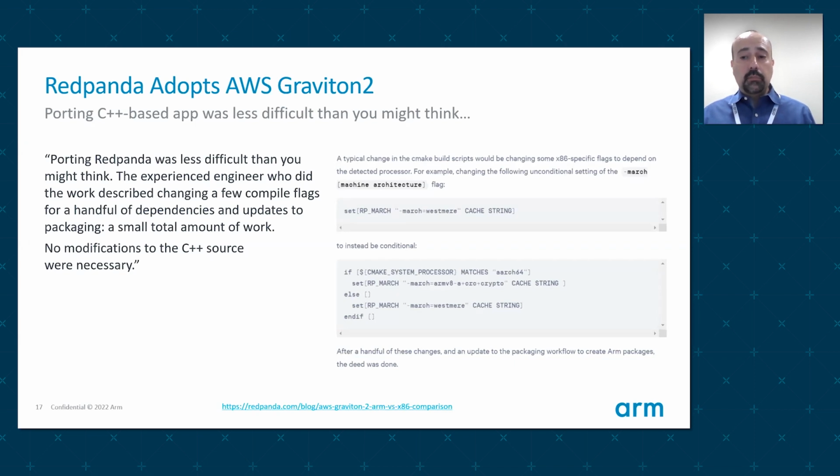But they also talked about how easy it was in terms of the experience of porting their code base, which are predominantly C++ based applications, over to Arm. There's often a perception that compiled code is difficult to port. And at least for Redpanda, that definitely wasn't the case.